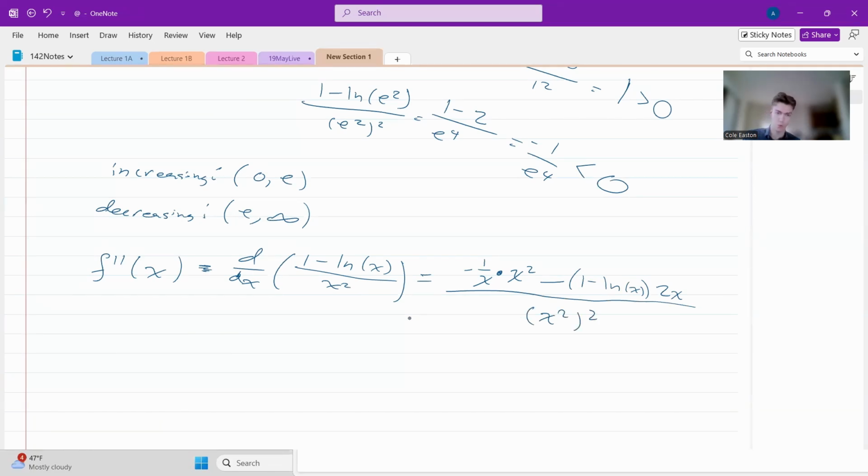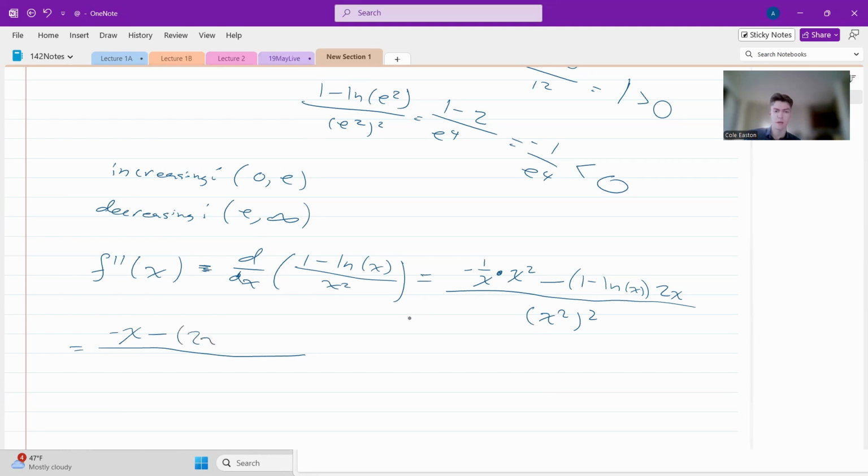Okay, so let's work on simplifying this a little bit. So in our top here, we have -1 over x times x squared. And so I can cancel out one of those x's, and I end up with just -x minus, let me just first distribute that 2x through there.